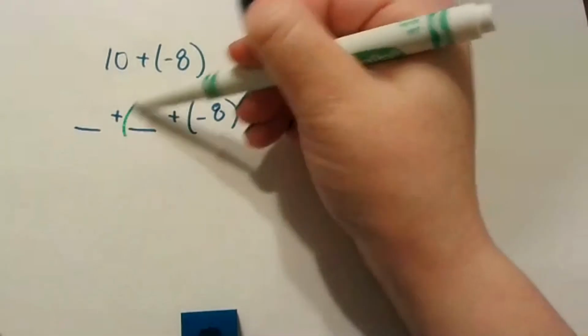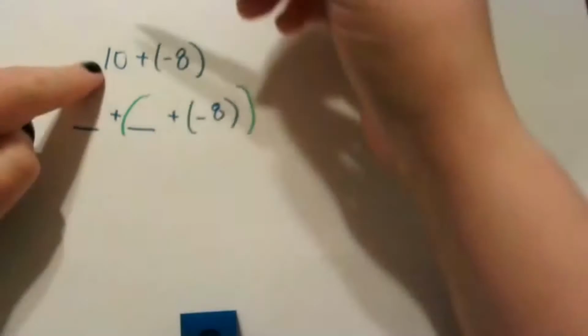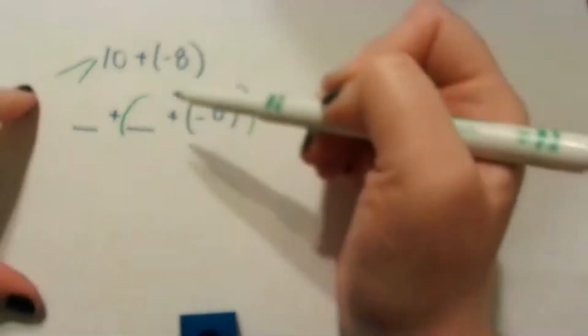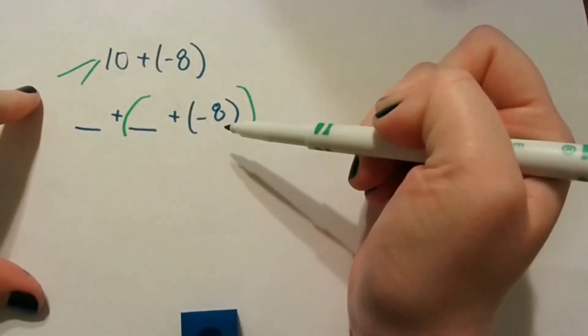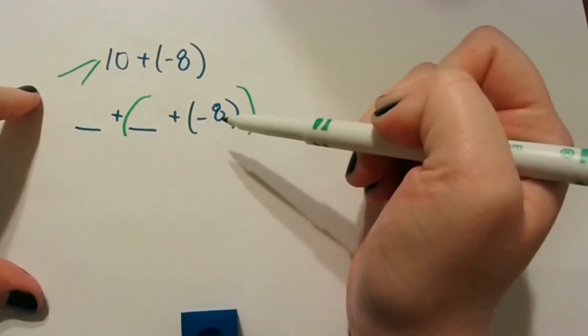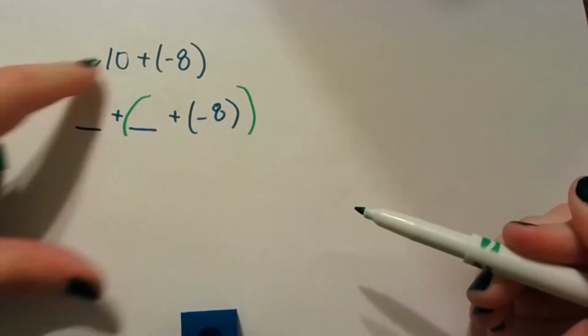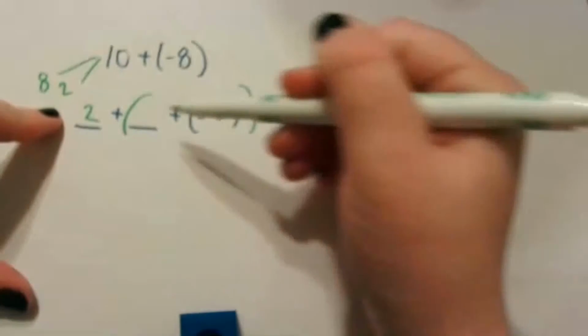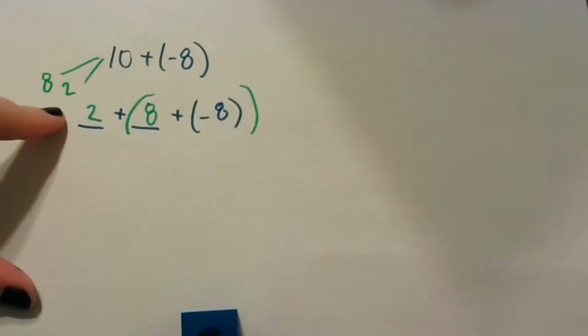We want something to go with this number. When we split this 10 up, we can think back to number bonds. We need a number that's going to zero out with -8. We know additive inverses, so we need its opposite, which is +8. If we have a +8 in our number bond, the other number is 2. So we can rewrite 10 as 2 plus 8.